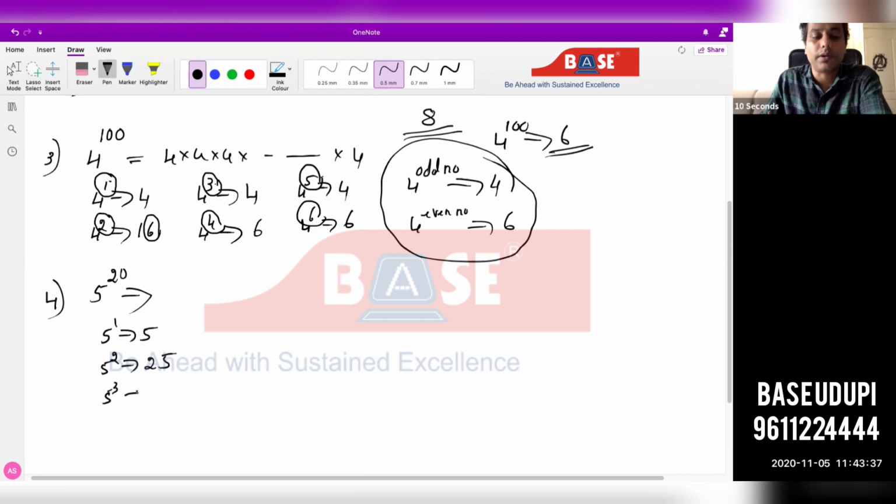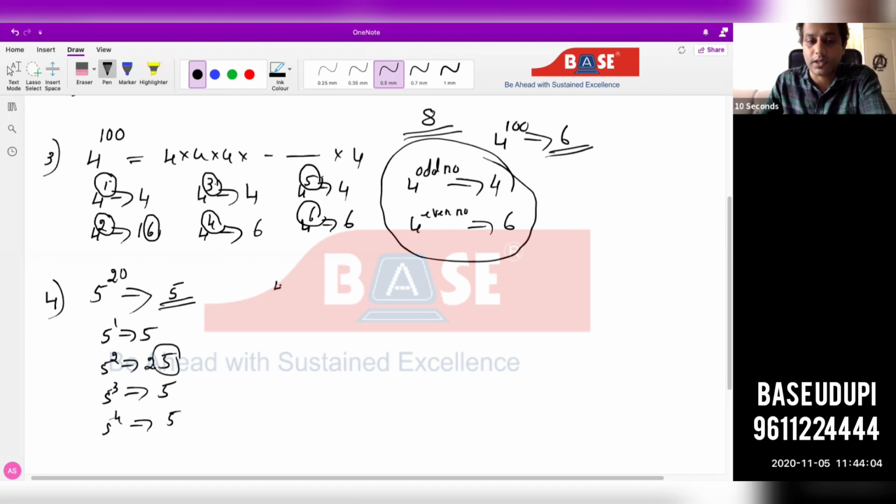Again, when you multiply by 5, it ends with 5 only, obviously. 125 is the number, but there is no need. When you multiply 25 into 5, you take 5 and multiply by 5, and that again ends with 5. 5 to the power 4 also ends with 5. So 5 to the power 1 is 5, 2 is 5, 3 is 5, 4 is also 5. You can continue to infinity. 5 to any power you take ends with 5 only.